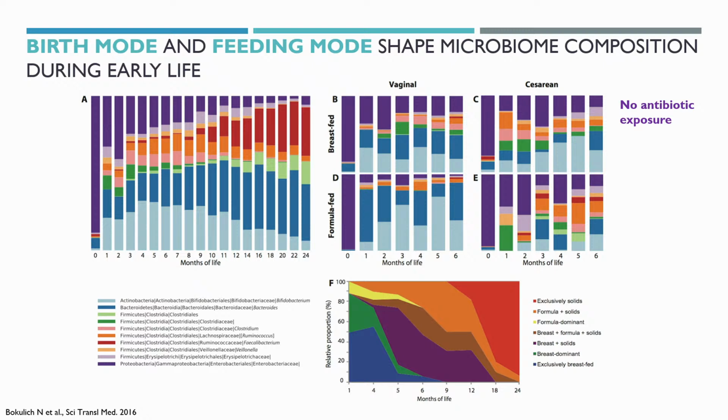Formula-fed have a lot more of this light blue. Same with C-section. And then look at all that orange that pops up in the C-section formula fed. So that tells you that there are differences, and the microbiome is shaped by birth mode and by feeding mode.